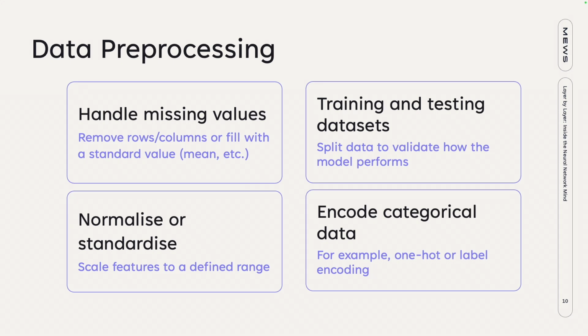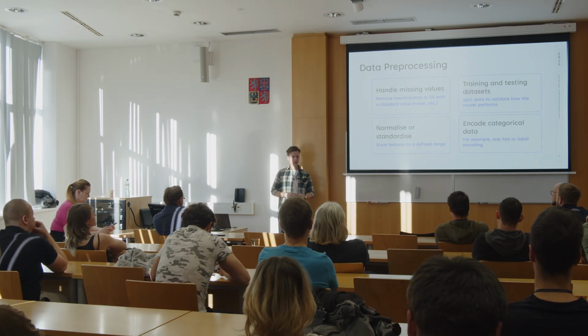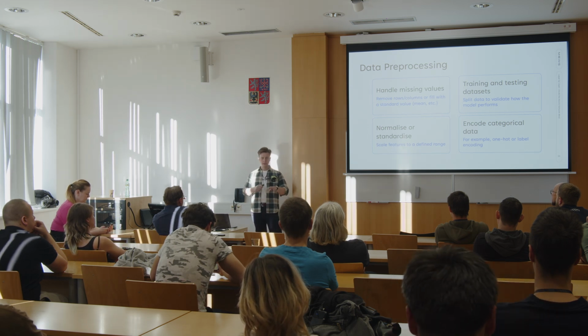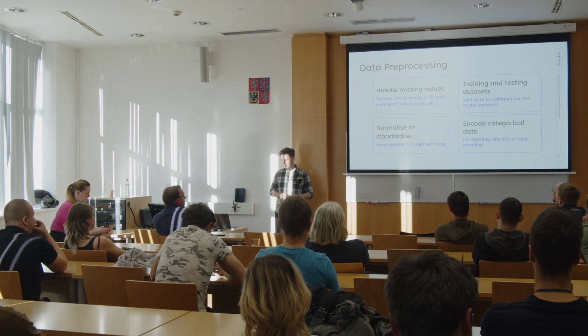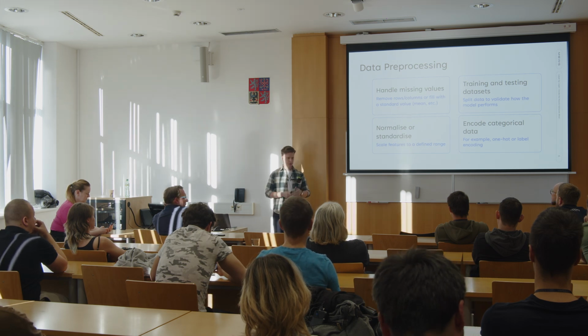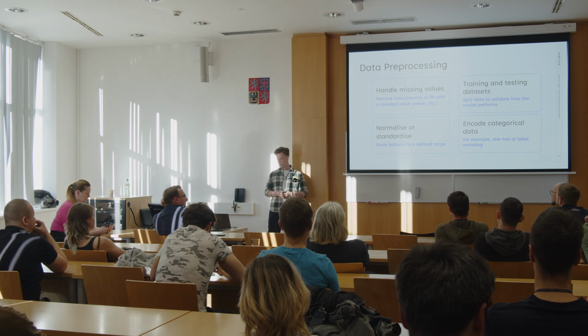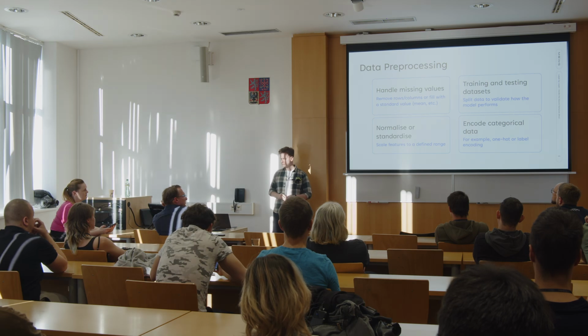The problem is that the neural network cannot think of what our intention is and what the missing data should be replaced with. So it's our responsibility to make sure that there are no missing data at the input. One option is to simply remove those columns or rows where the data is missing. Another is to replace it with some standard values such as the average, mean, and so on.